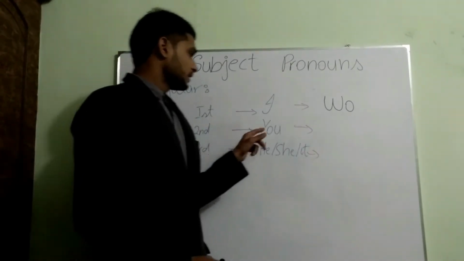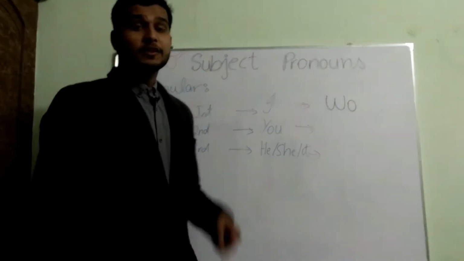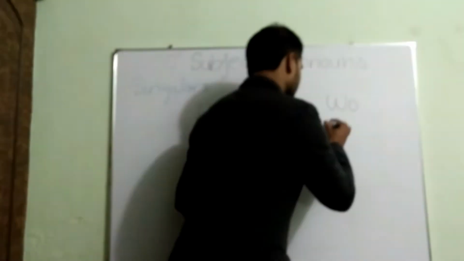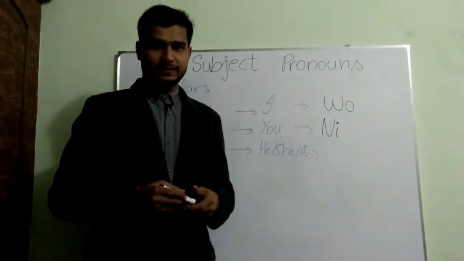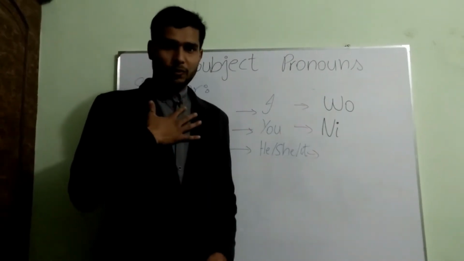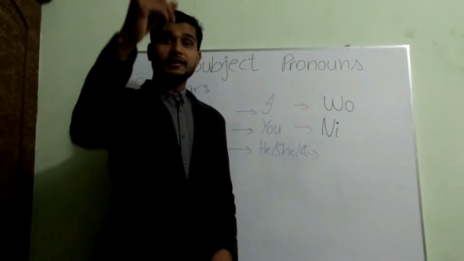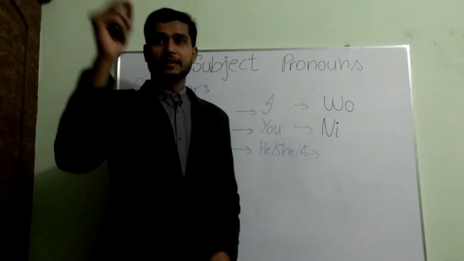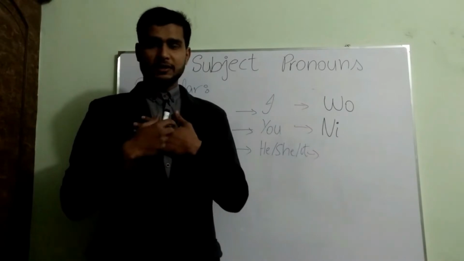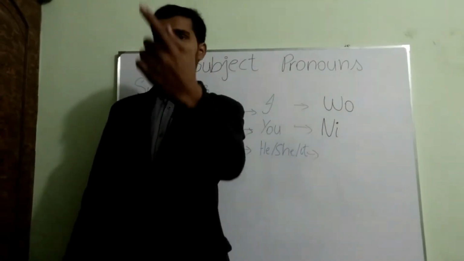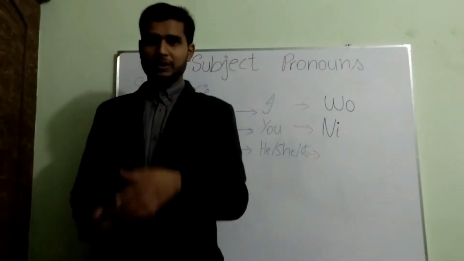And the second person, you, in Chinese we say nǐ, N-I. Wǒ means I, nǐ means you: the first person who is talking and the second person who is being talked to.